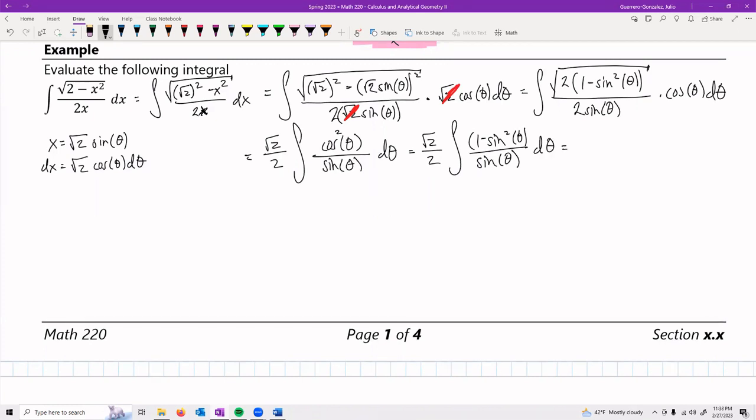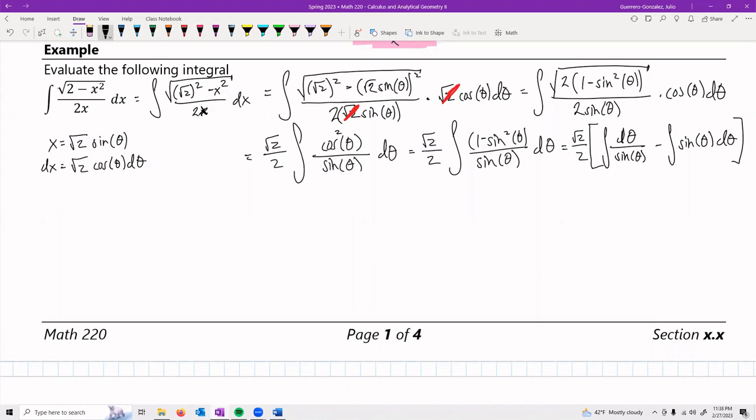This reduces down to square root of 2 over 2 times the integral, let me put it in brackets here, of 1 over sine theta d theta, minus the integral of sine theta d theta.